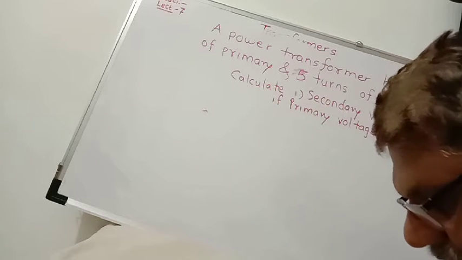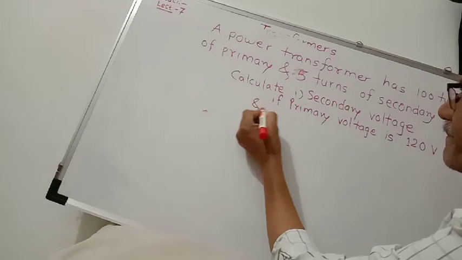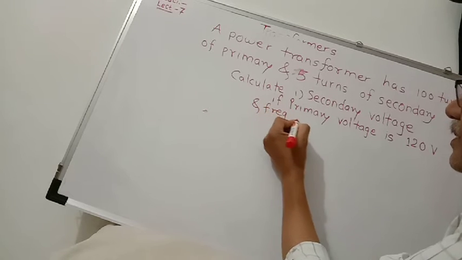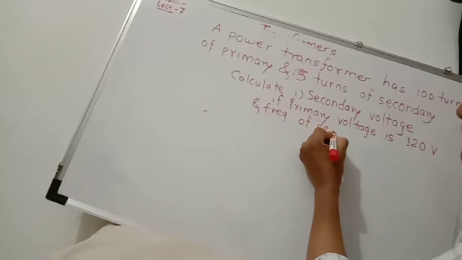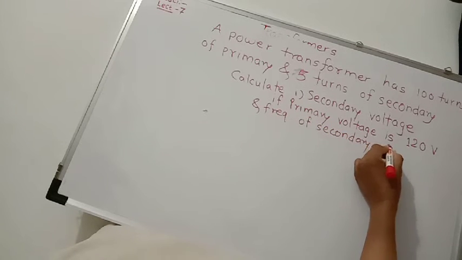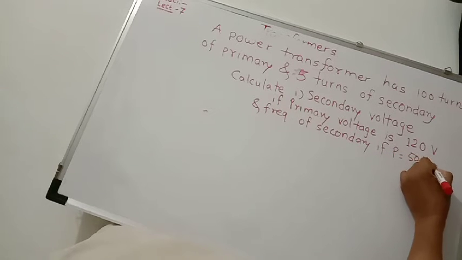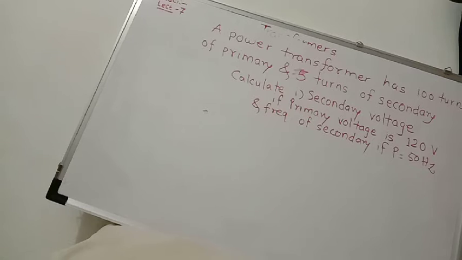And if the primary frequency is 50 hertz, that means the frequency of AC in the primary is 50 hertz, then what is the frequency of the secondary current?